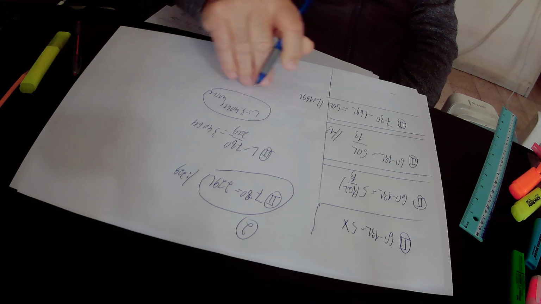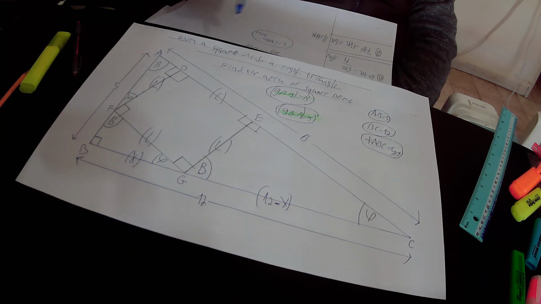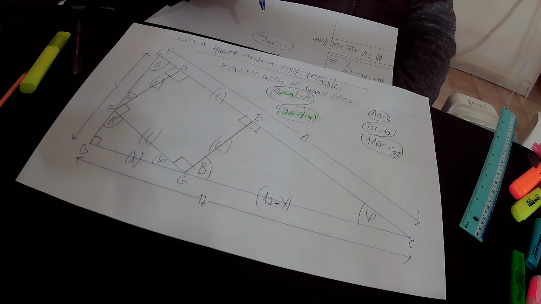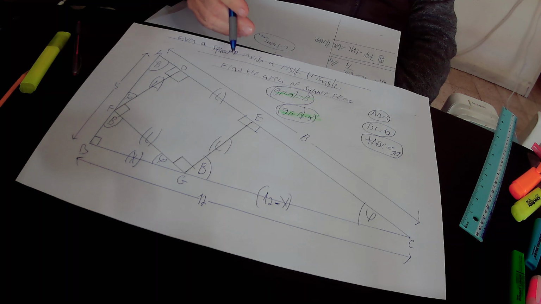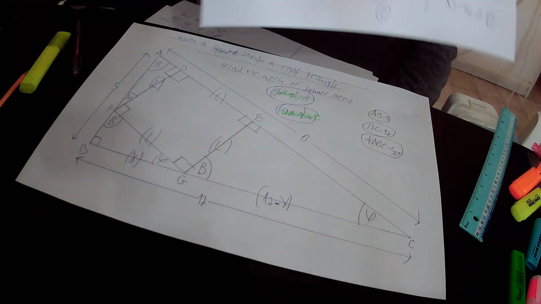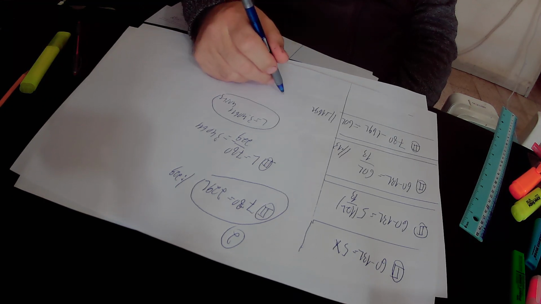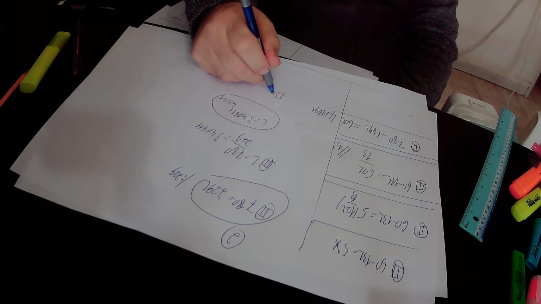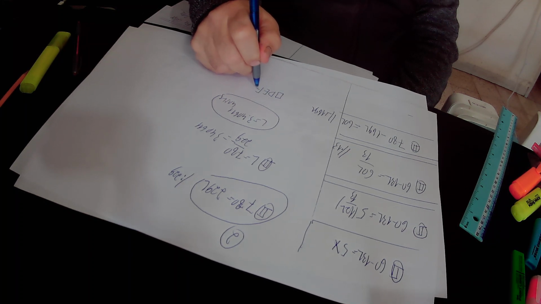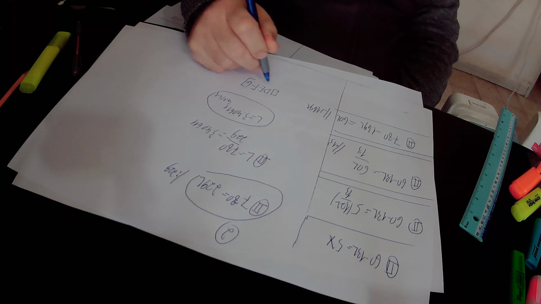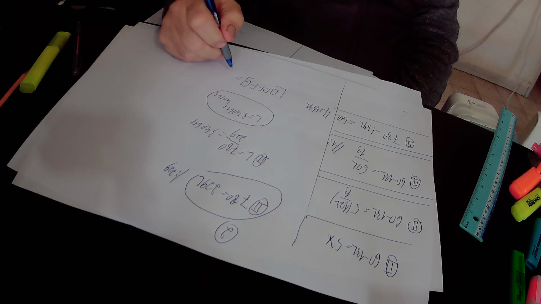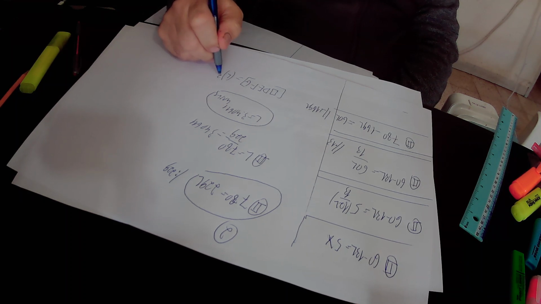Actually, L is the length of one side of this square DEFG. And we know that the area of any square equals one side squared. So the area of square DEFG will be equal to the length of one side, that is L squared.